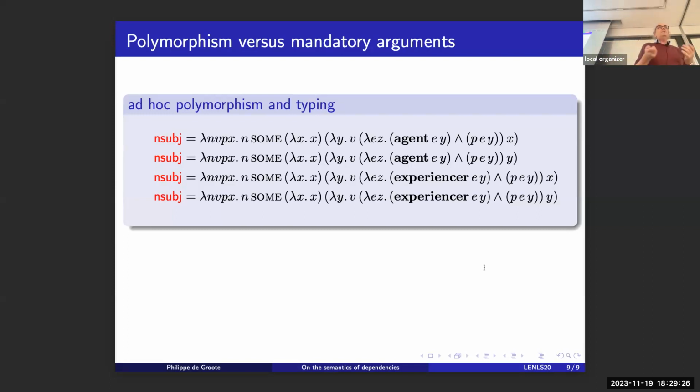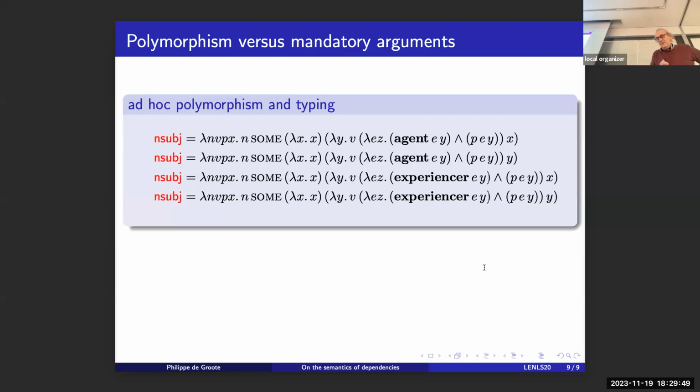So there is of course a possibility of just controlling that with typing. And then we would have a sort of combinatory problem in giving types and distinguishing control verbs from other verbs, or dynamic verbs or static verbs.